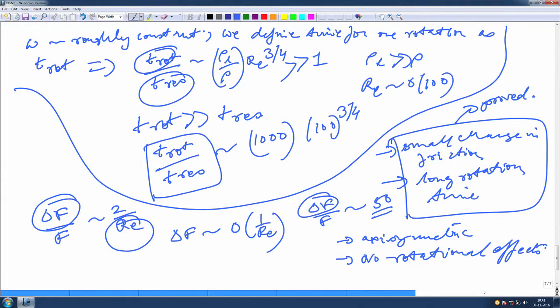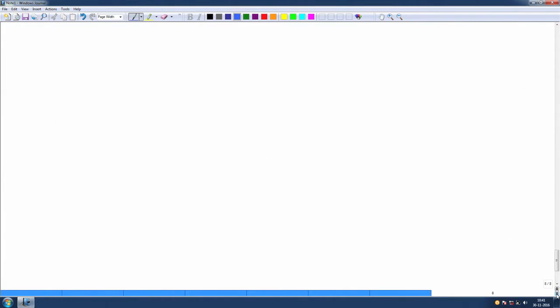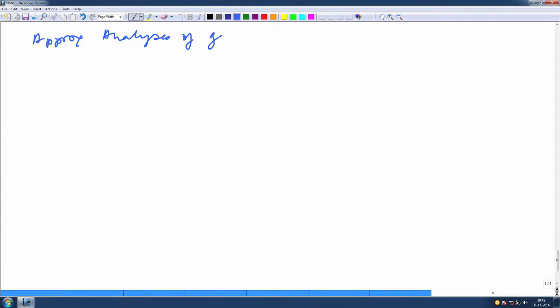Okay. So, now that we have done it, let us look at the first level of analysis. That means we would now start to look at the approximate analysis of the gas phase boundary layer. Okay, gas phase boundary layer.